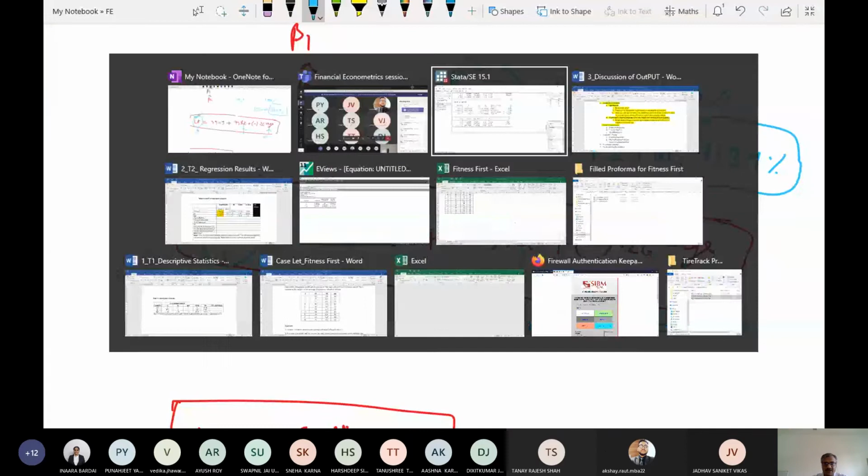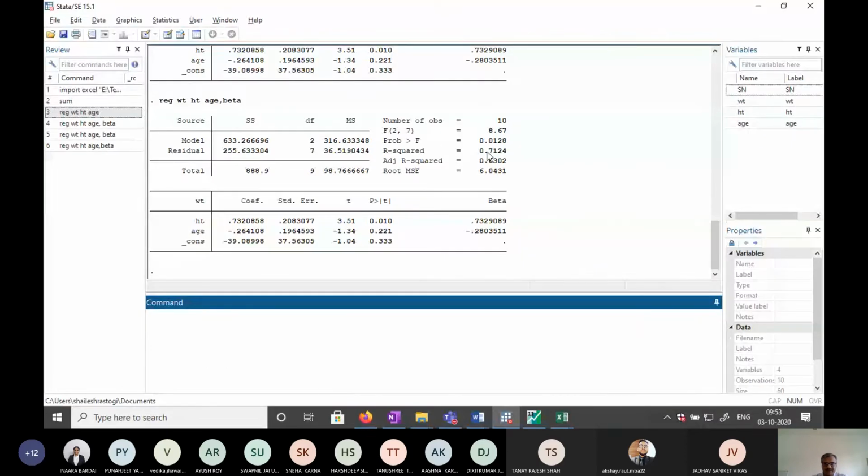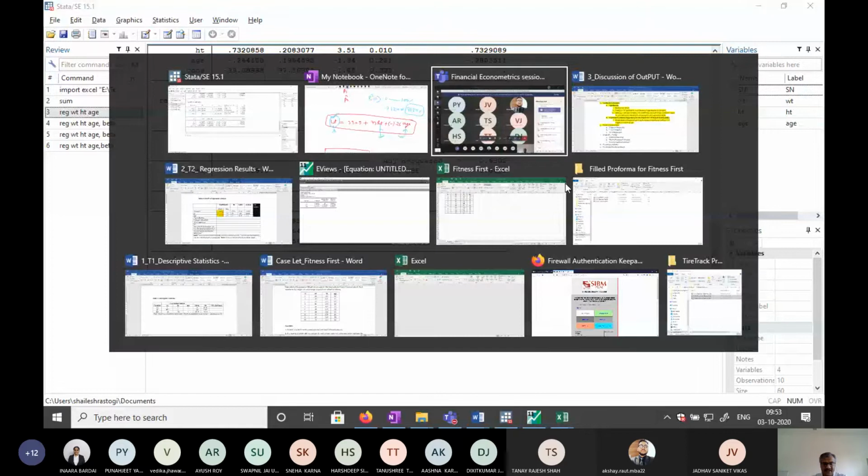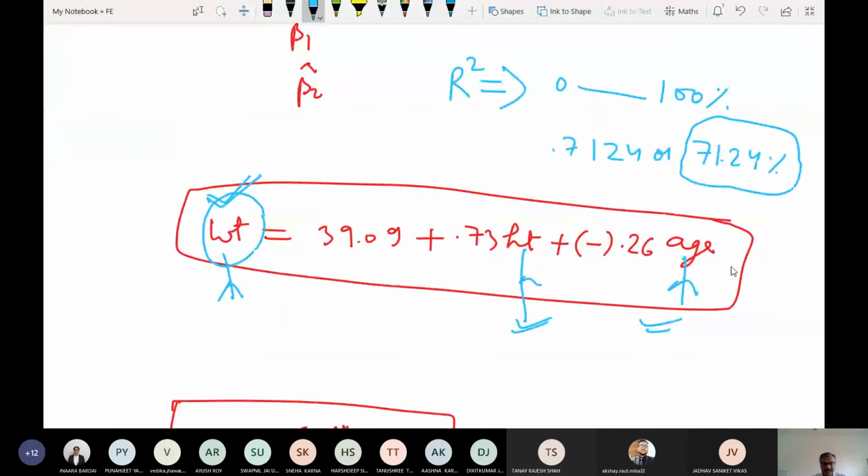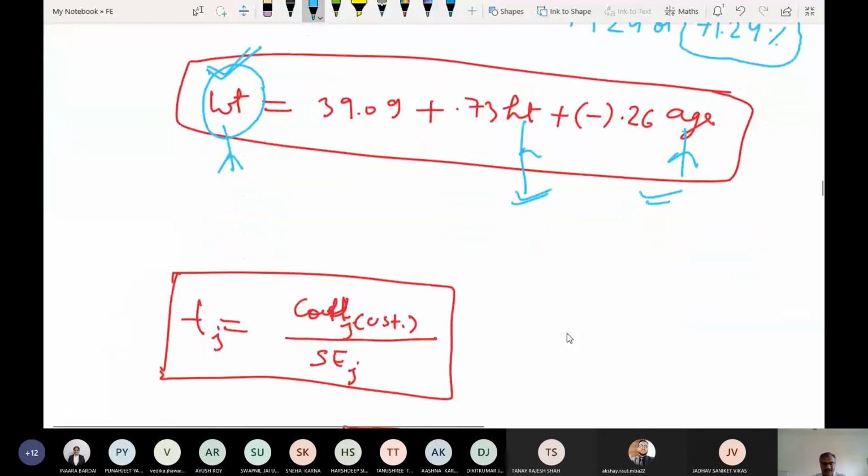But there's a problem with R square: it might have issues related to the number of independent variables. When you have more independent variables, the value of R square by default may go up. But if you remember my earlier discussions, there is a rule of parsimony. The number of variables in any regression model should be neither too many nor too few, somewhere in between, or lesser is better.